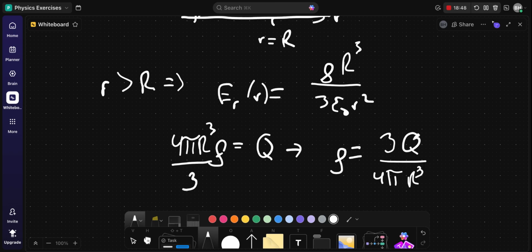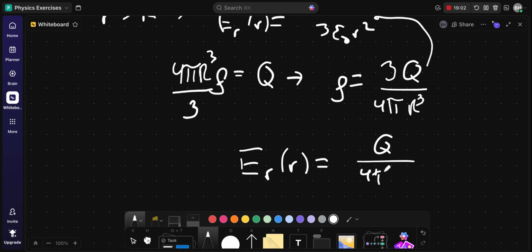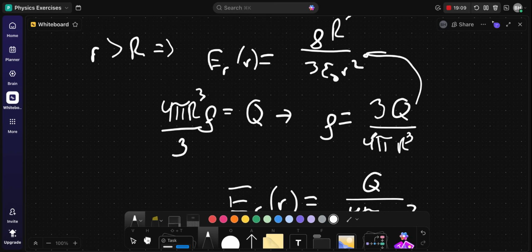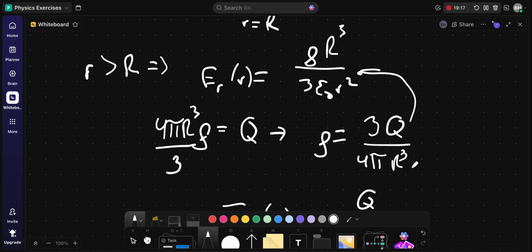If we make this substitution in here, surprise, surprise, look what we get. E_r is Q divided by 4 pi epsilon 0 r squared. You see that the 4 pi remains, but the 3 cancels, and the R cubes are also canceling.